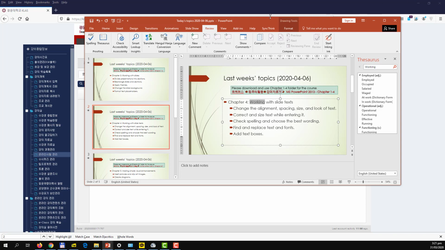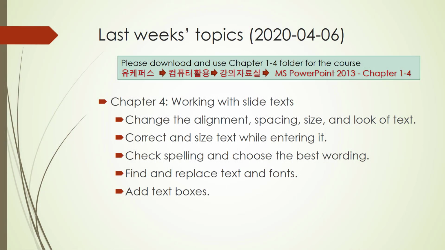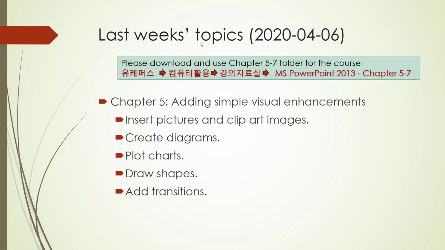Then let's also look at the last one before we continue. It's chapter 5. From chapter 5 we did drawing shapes, which is almost the last task here, as you see. So here it is. Drawing shapes.